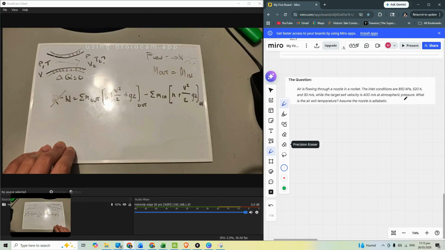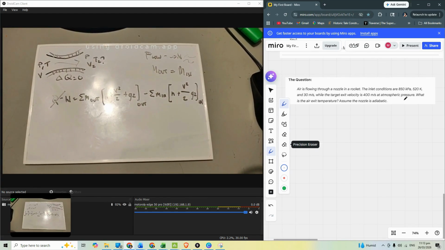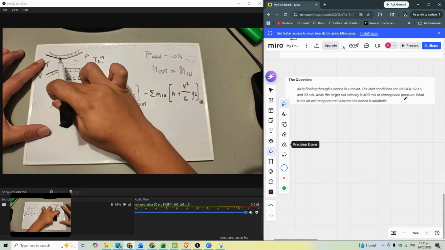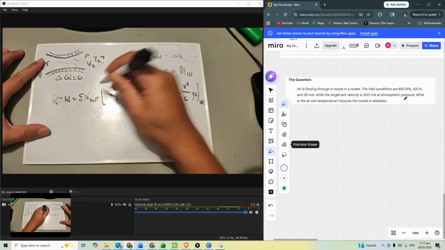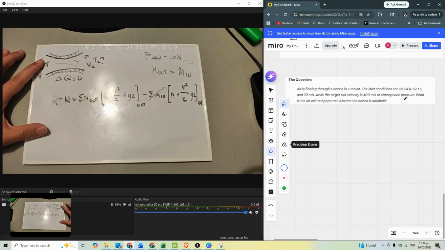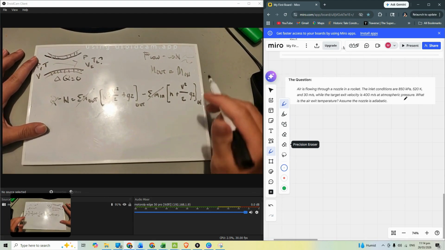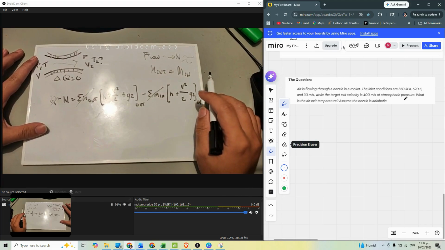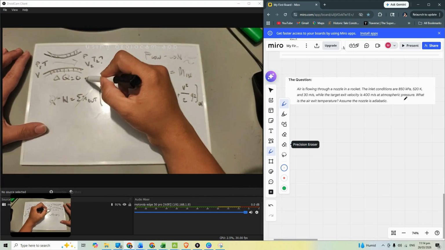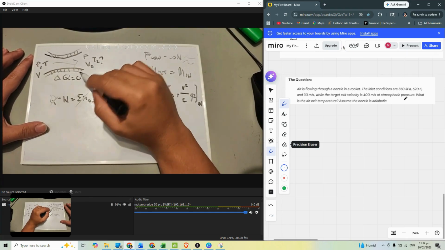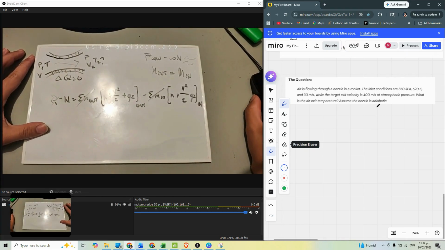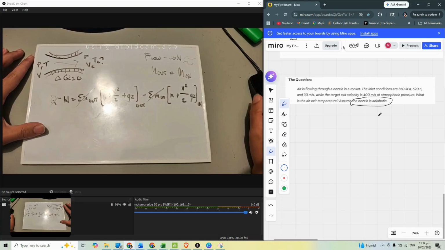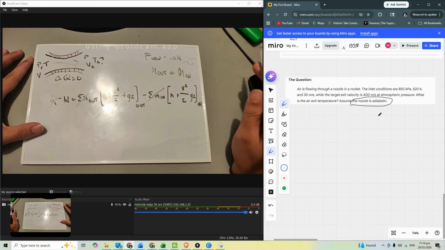Next, there's an indication that there's a work done. Oh, sorry. It's supposed to be for this one. So there is no summation for mass out and mass in. Then there's no heat exchange going on, since it's clearly mentioned that our nozzle is an adiabatic process or system. So there's no heat coming in or going out.